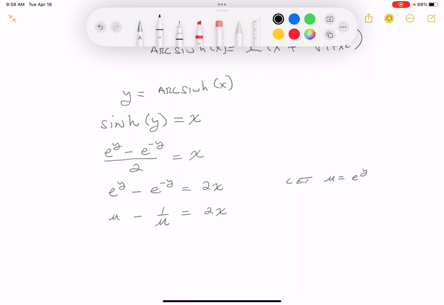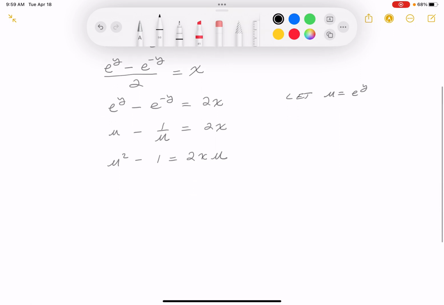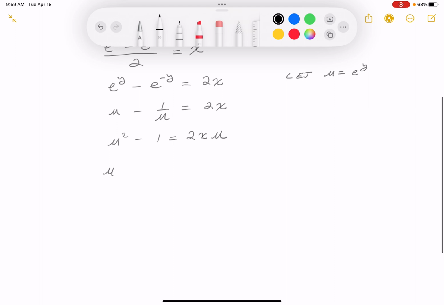Maybe that makes it easier for me to do. I'm going to clear the fraction now, so u squared minus 1 equals 2xu. I get u squared minus 2xu is equal to 1. I'm going to complete the square: half the coefficient is minus x, and squared you get x squared.